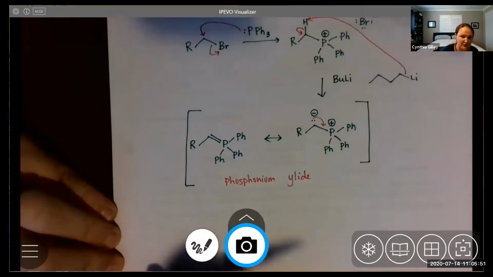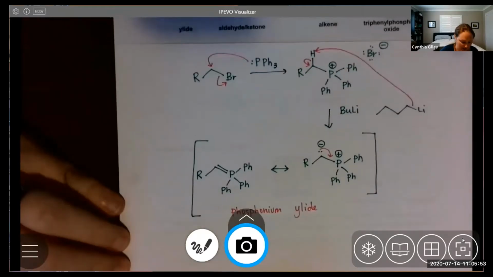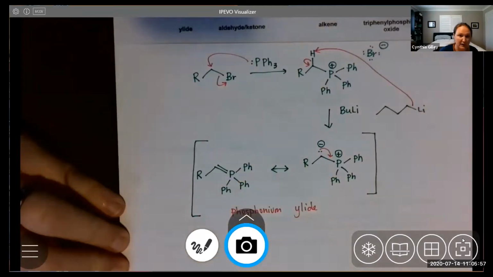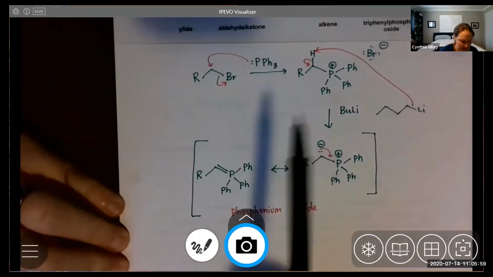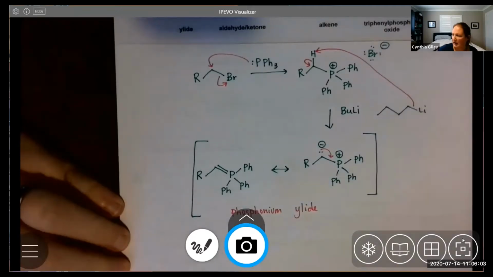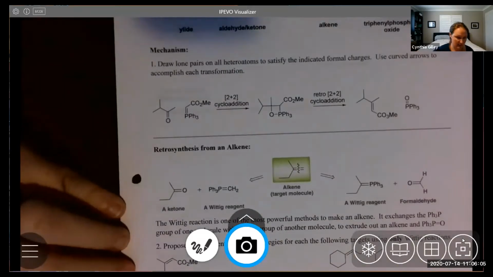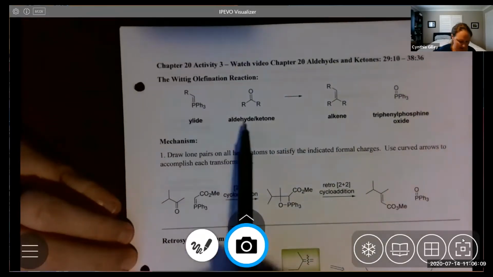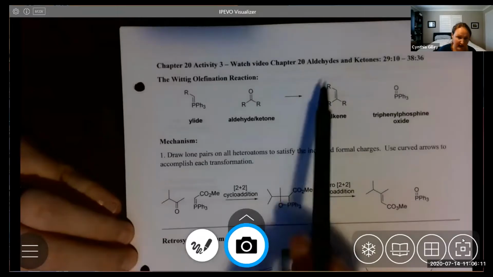It's important to recognize that it came from an alkyl halide through a two-step process of treatment with triphenyl phosphine followed by butyl lithium. When we mix an ylide with an aldehyde or ketone, we end up getting an alkene.